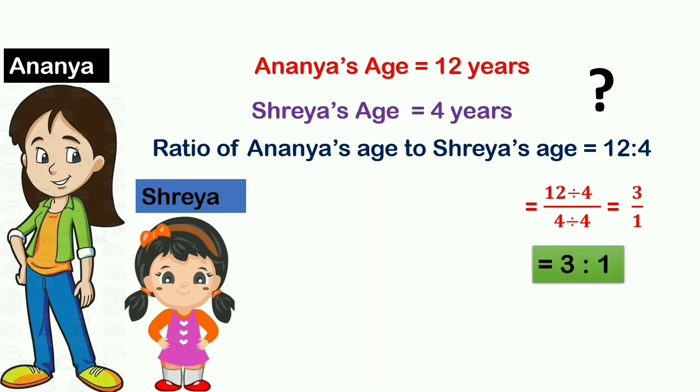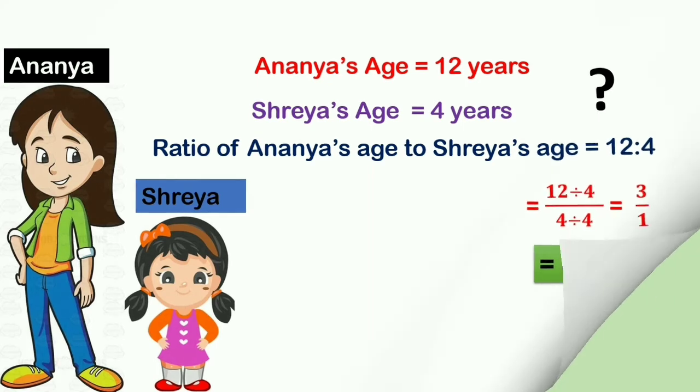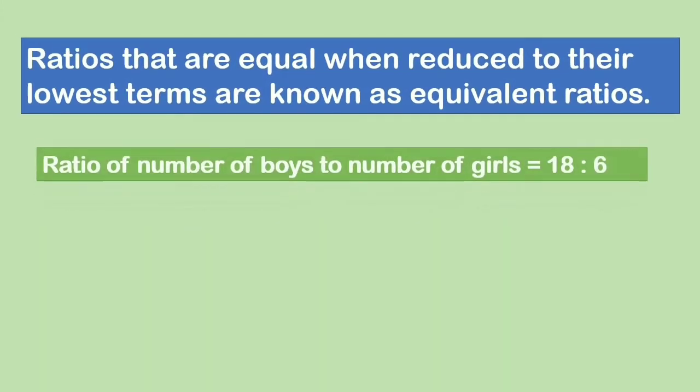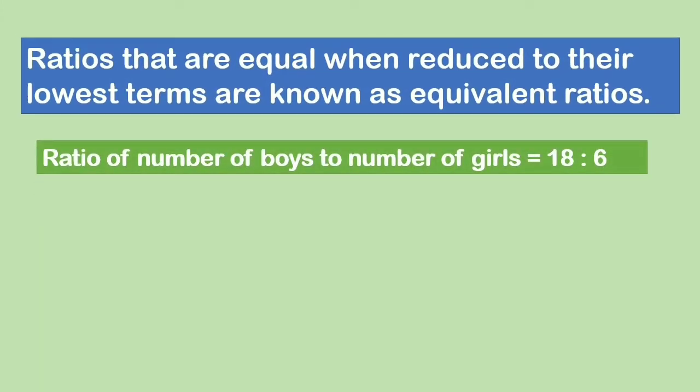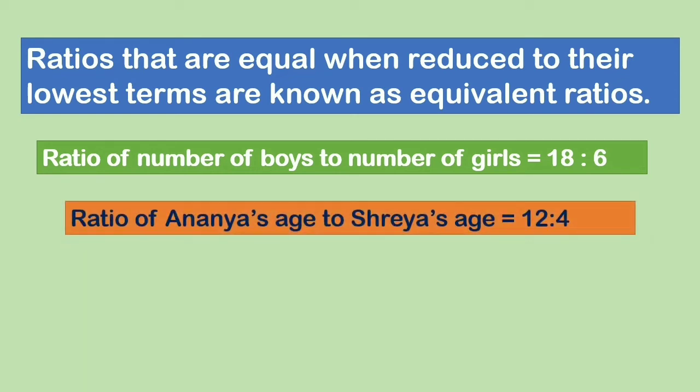As we can observe through these two examples that ratio of number of boys to number of girls equals to 18:6, which is equals to 3:1, and ratio of Ananya's age to Shreya's age equals to 12:4, which is also equals to 3:1. Means 18:6 equals to 12:4.